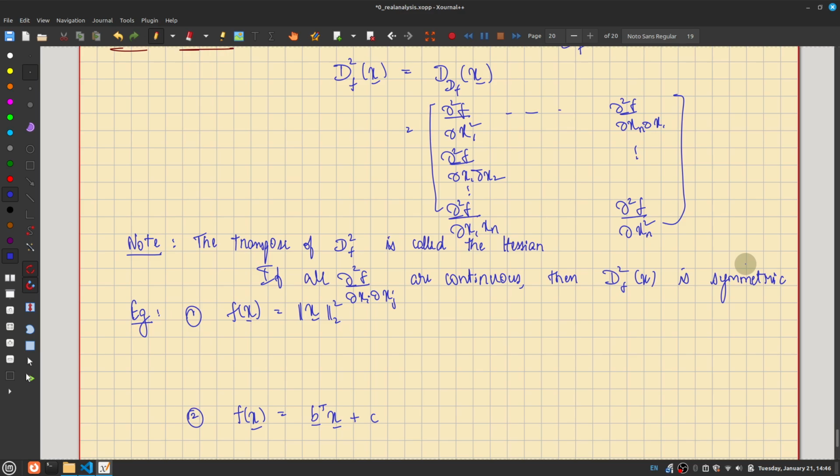Which means that the Hessian is equal to the second derivative, because the transpose of this is the Hessian, and this is equal to the transpose itself. Right?